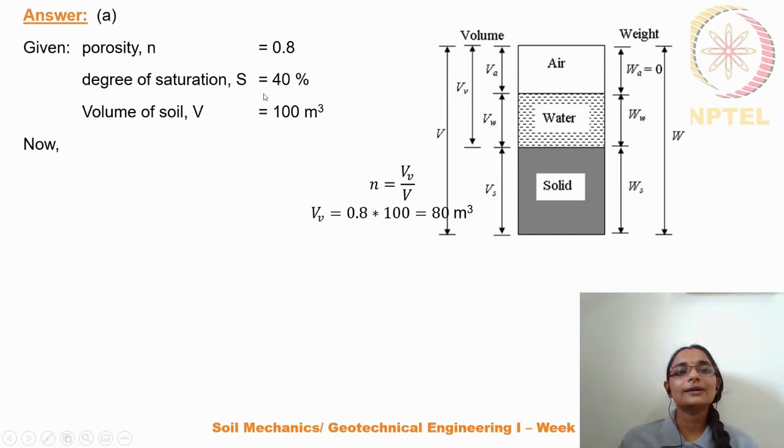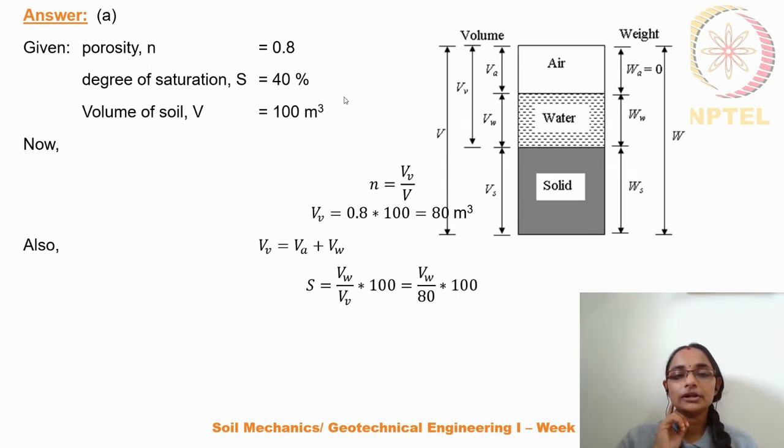Now, in the question we are given degree of saturation. What is degree of saturation? It is the ratio of volume of water to the volume of voids, expressed as percentage. We know the volume of voids, that is 80 meter cube. We know degree of saturation is 40%.